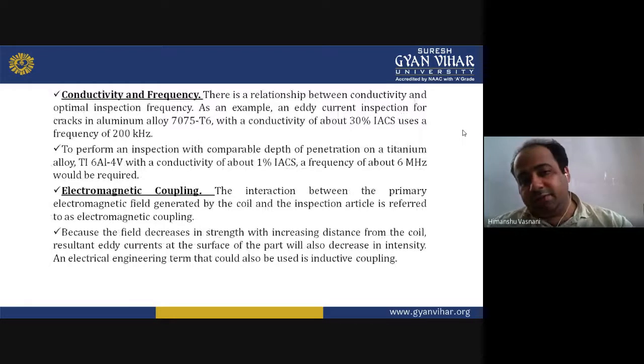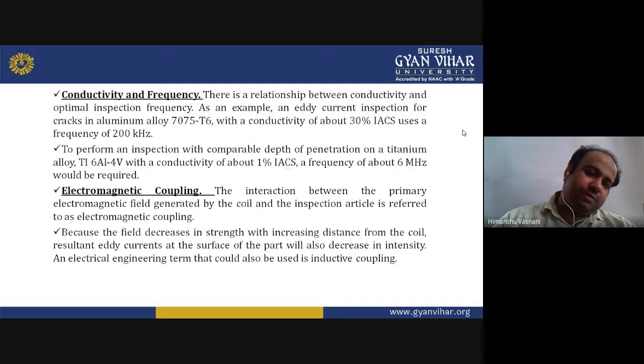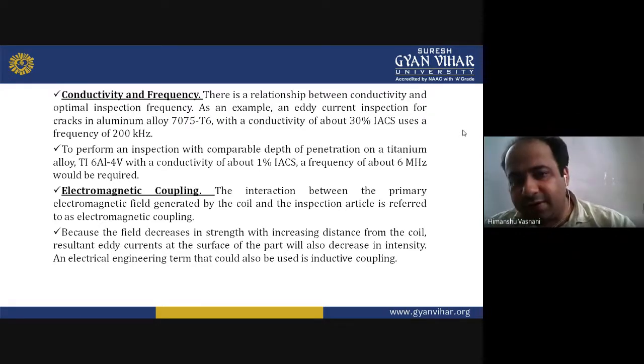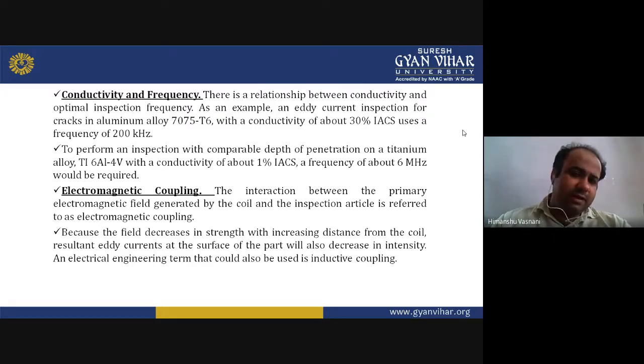Now the conductivity and frequency. There is a relationship between conductivity and optimal inspection frequency. As an example, an eddy current inspection for cracks in aluminium alloy 7075-T6 with a conductivity of 37% IACS uses a frequency of 200 kHz. Now, this is a standardization that is given by the IACS.